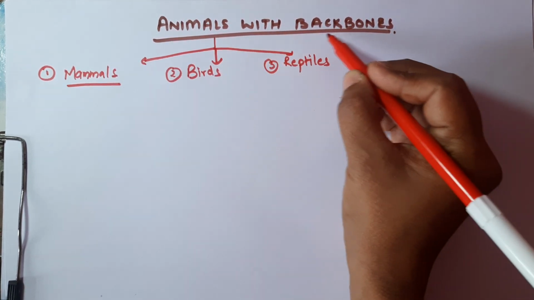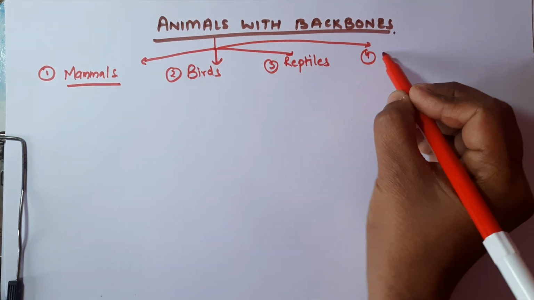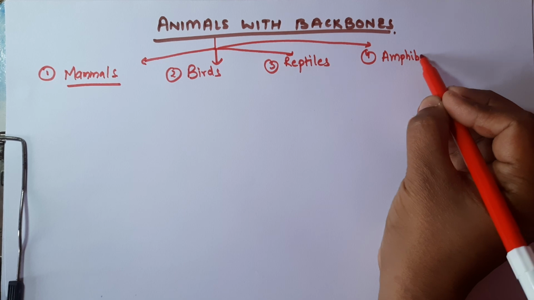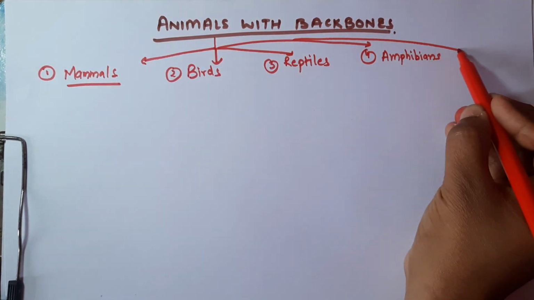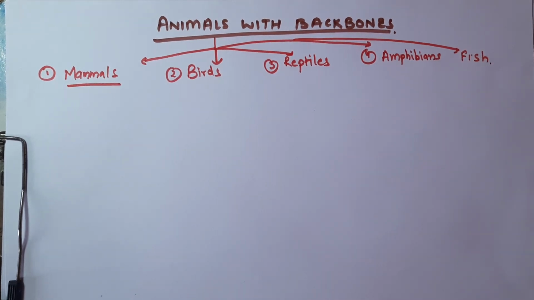We'll come to them one by one. Then the fourth one is the amphibians, and the last one is the fish. So let's discuss them one by one.